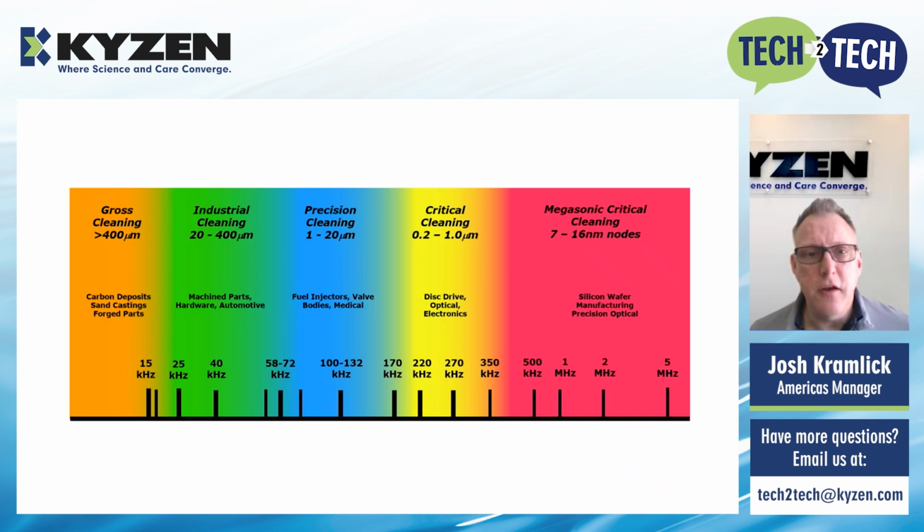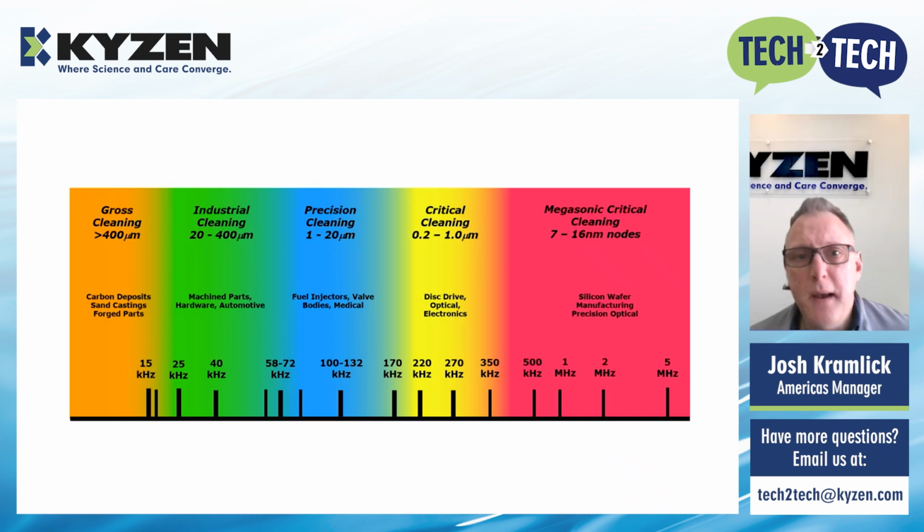As we move into more general industrial cleaning applications such as machine parts, hardware, automotive applications, we'll commonly see frequencies in the range of 25 kilohertz to 60 kilohertz employed there. 40 kilohertz is probably the most common, and probably all of our listeners are familiar with that at some level.